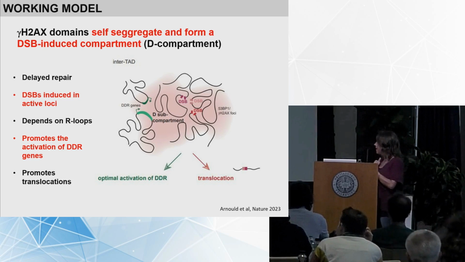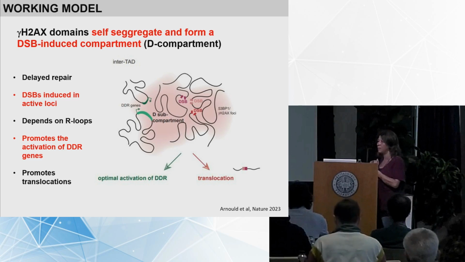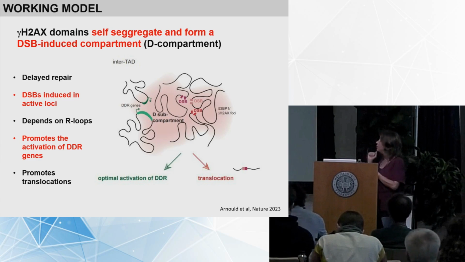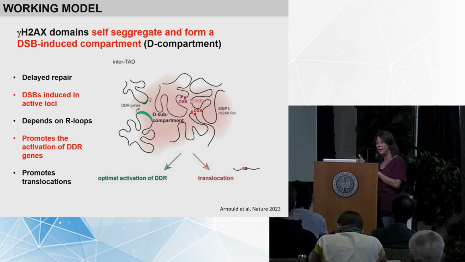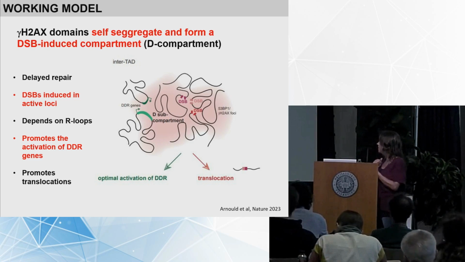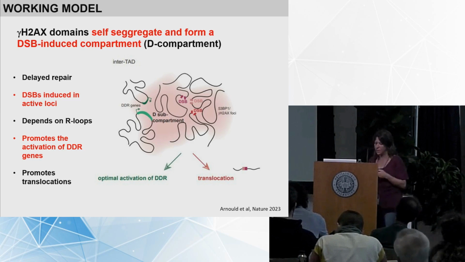Those genes are R-loop rich. In the absence of senataxin, which helps to resolve R-loops, you increase the D compartment formation. So we have several lines of evidence that it depends on R-loop formation. And most importantly, it promotes the activation of some DNA damage responsive genes. So while promoting translocation, it still has a benefit for the cell, since it helps to fine-tune the DNA damage response.